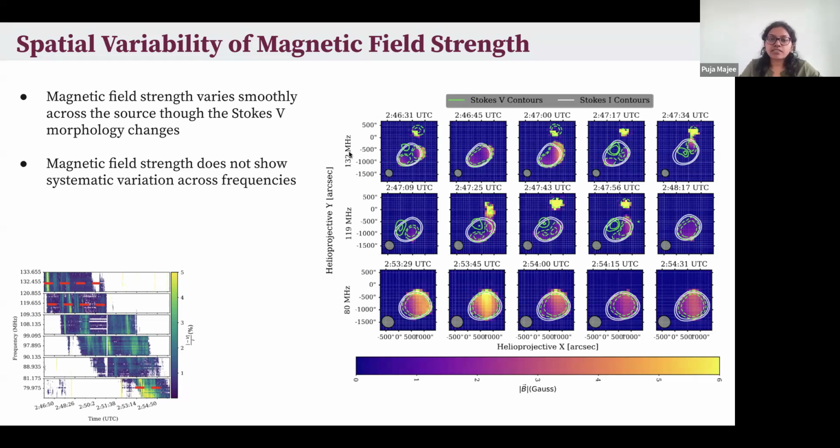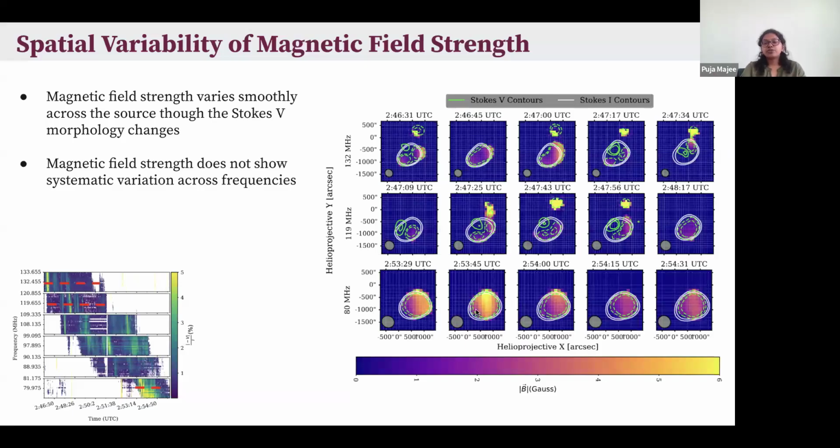So, this is again the same three frequency bands, and each of these columns is basically the timestamp corresponding to each frequency. So this is again 80 megahertz, 120 megahertz, and 132 megahertz at different times across the solar burst.